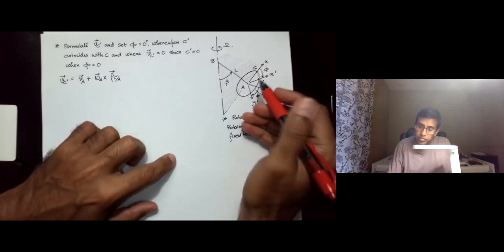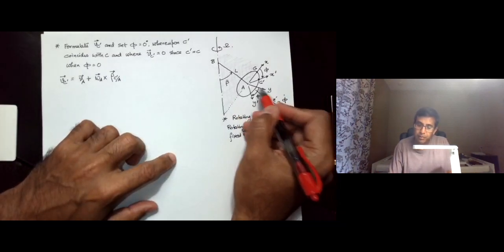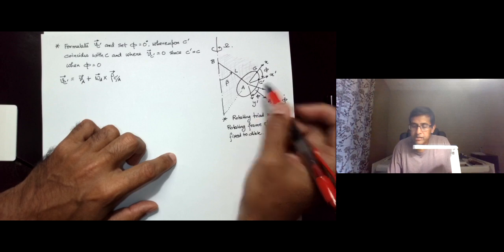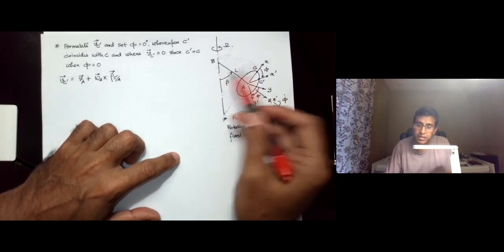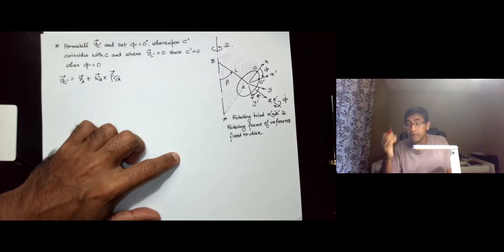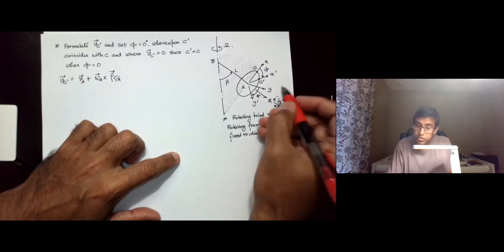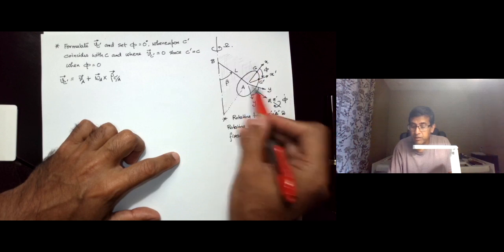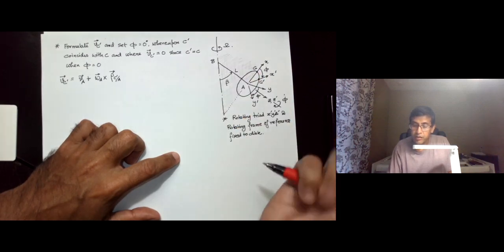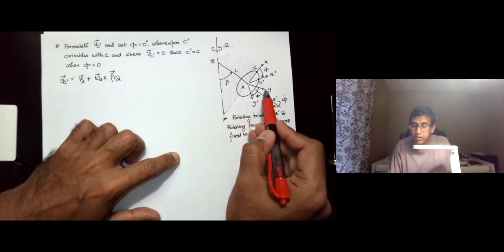The velocity of the point A is always going to be perpendicular to this shaded vertical plane. What is the direction perpendicular to this shaded plane? It is the y direction. So the velocity of A is always going to be in the y direction.